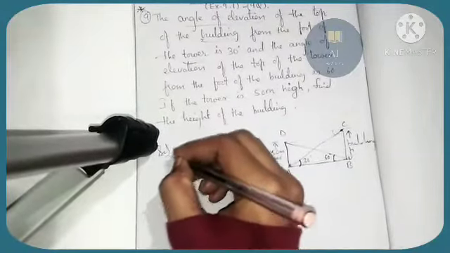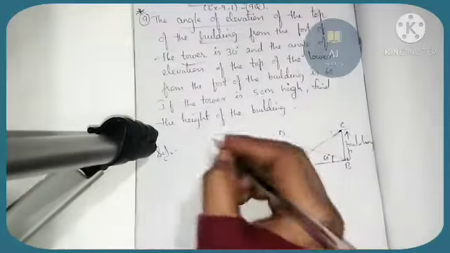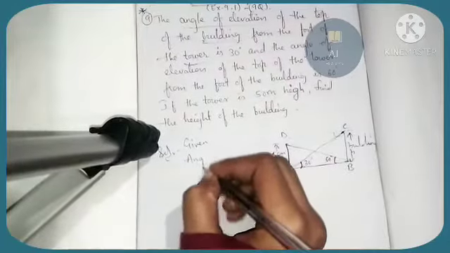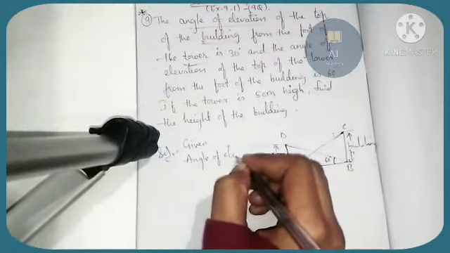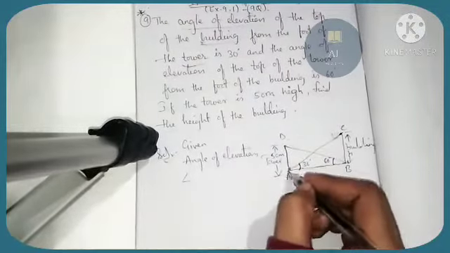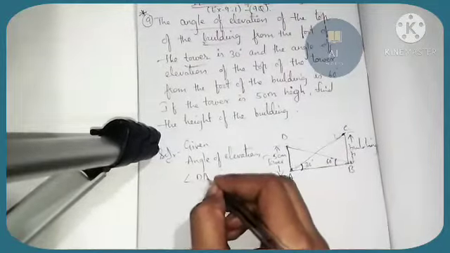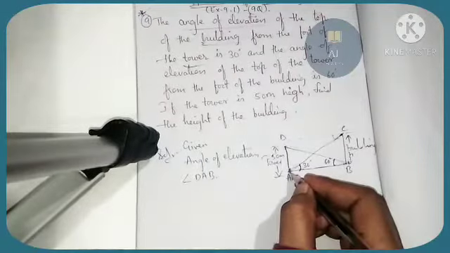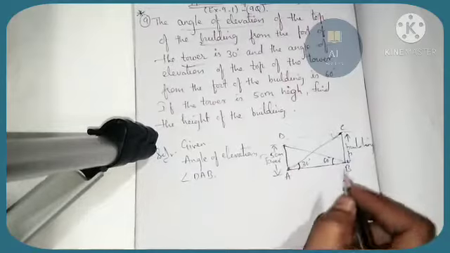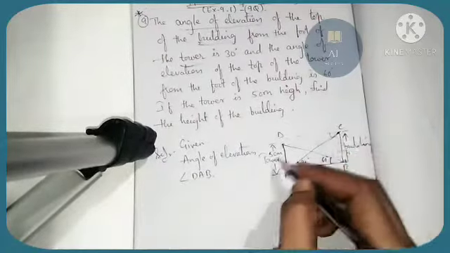Now solution, you can write given angle of elevations are given. Angle you have taken DAB. This A you have to take in DAB. This is no, you are wrong over here, sorry.